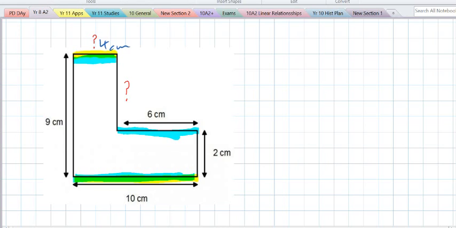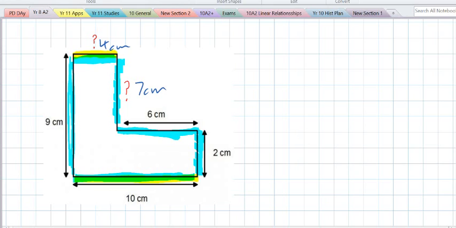Question mark solved. Similarly, if that entire length down there is 9, then what question mark plus 2 is equal to 9? Well, 7 centimetres. And now we have all the sides labelled.